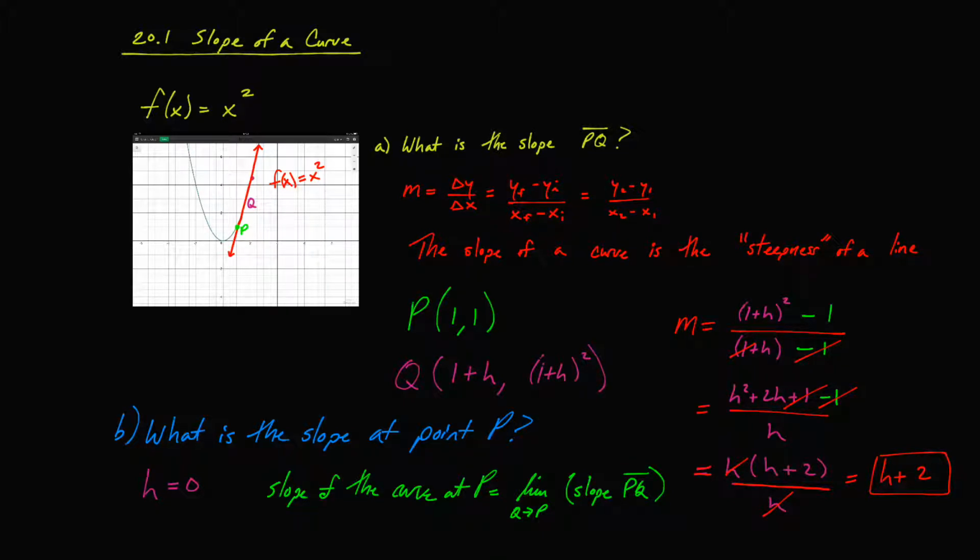So that's all well and good, but how does this here apply to this? Well, since this is the slope, and we're taking the limit from Q to P for the slope PQ, which is this, we have to say that we're taking the limit of this here. So I'm going to rewrite that now. So the limit as h approaches 0, remember that's the difference between Q and P, for 2 plus h is equal to just simply 2.